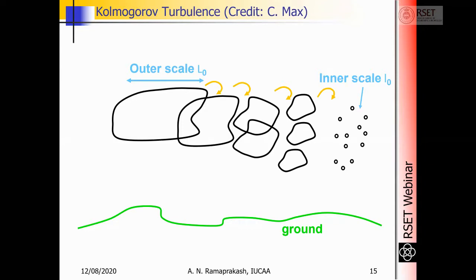But those blobs of moving mass break down into smaller and smaller pieces. So the atmosphere has eddy currents and motions at all scales, starting from a few millimeters all the way up to several tens of kilometers in size. The entire range of motion structures exists in the atmosphere. It's a very turbulent medium.